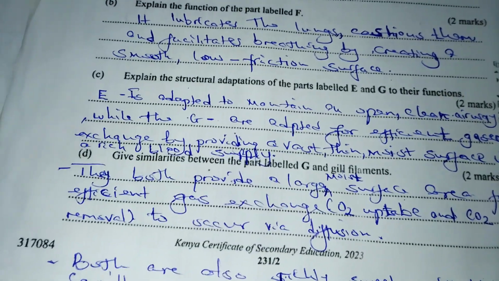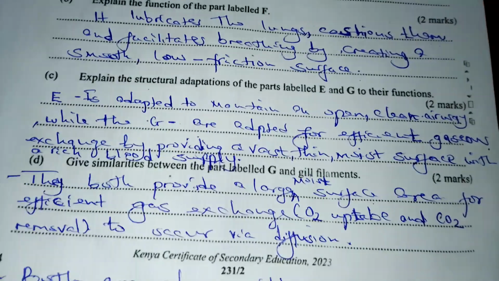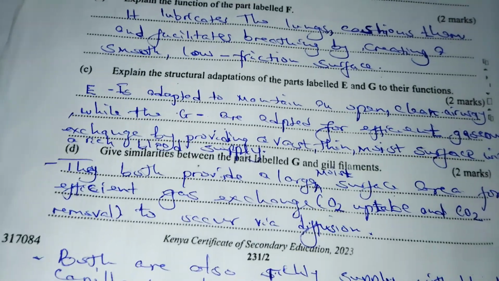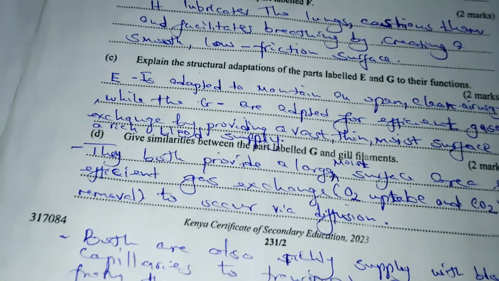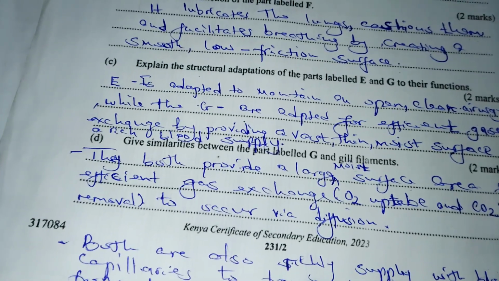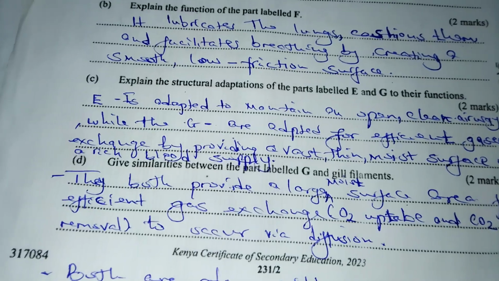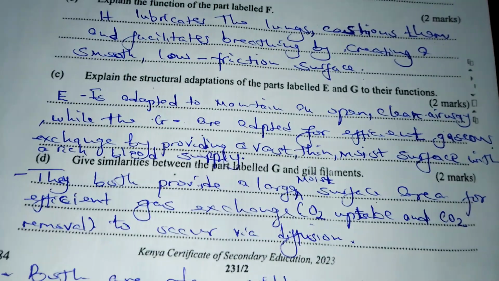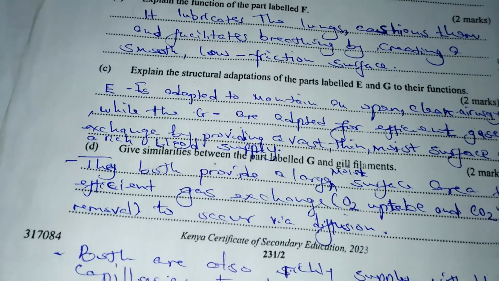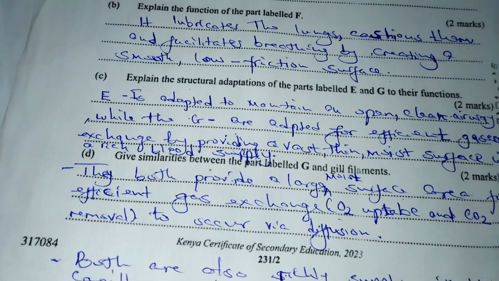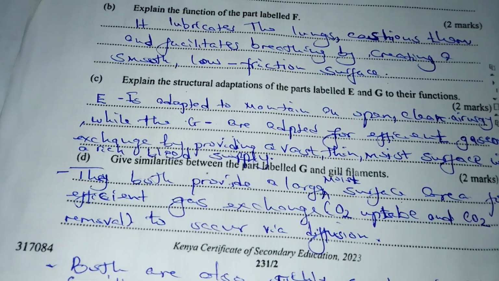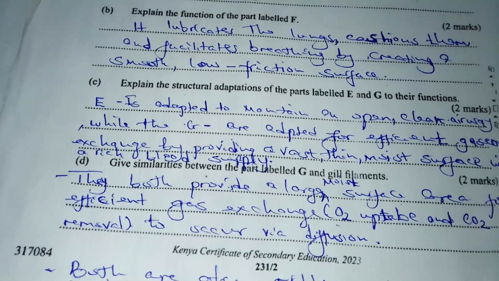They both provide a large moist surface area for efficient gaseous exchange, that is oxygen uptake and carbon dioxide removal, to occur via diffusion.